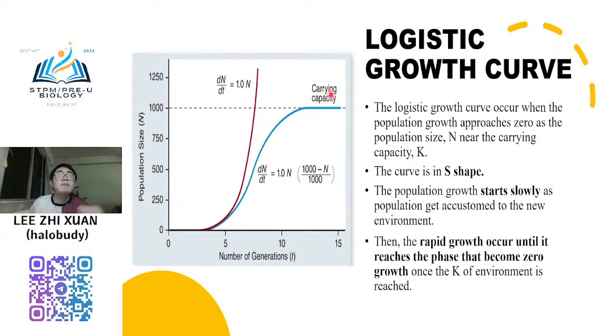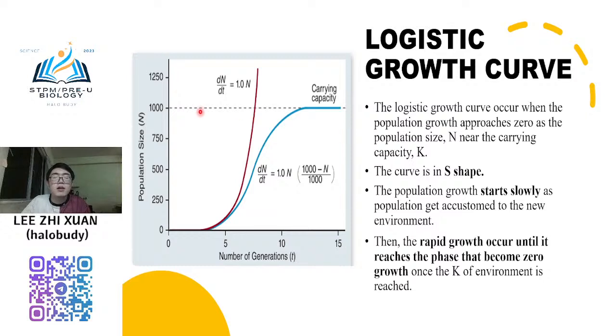It means there are maximum environmental resources for the organism to survive. In this case, when N is equal to 1,000, meaning that when that area reaches 1,000 organisms, like 1,000 dogs or 1,000 humans, the growth will stop. There is no growth anymore. In the full generation there is no growth, and it will even enter the death phase, and they will die.